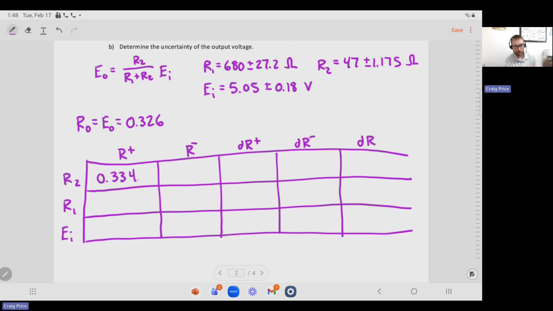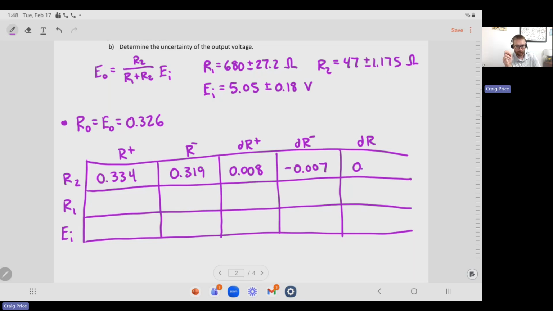If I take 47 and subtract that 1.175, that changes my output to 0.319. And so compared to the nominal output of the function, this gives me a change of 0.008. And this is volts, by the way. All of these are in volts. And this would be a negative 0.007.